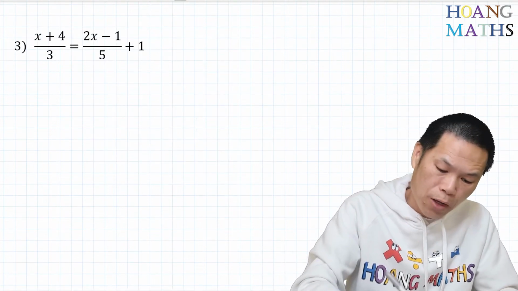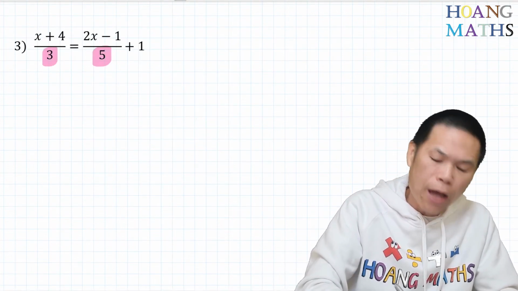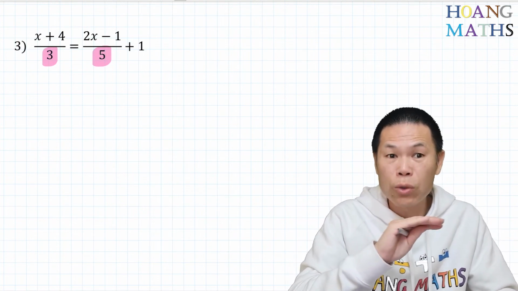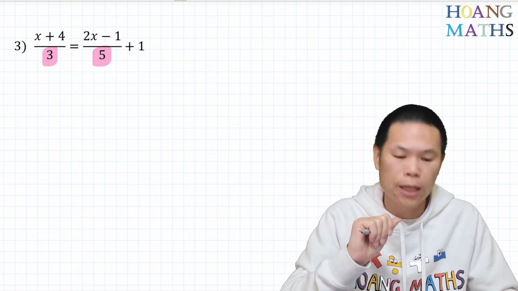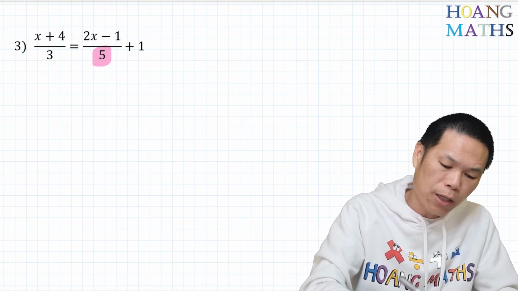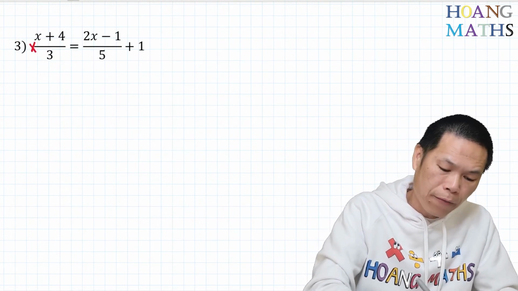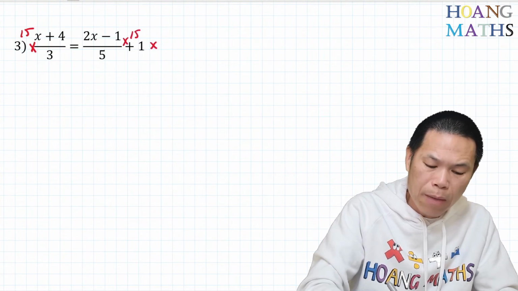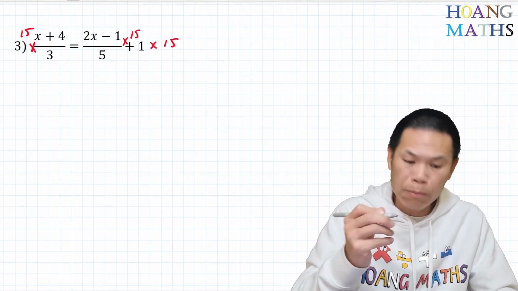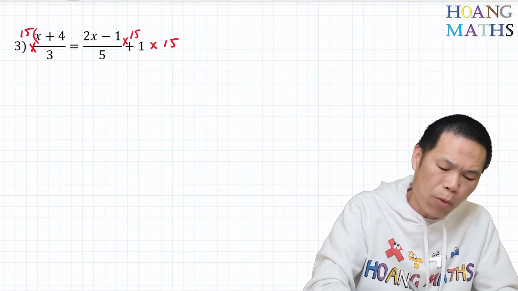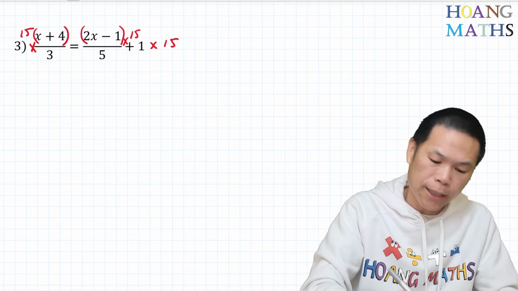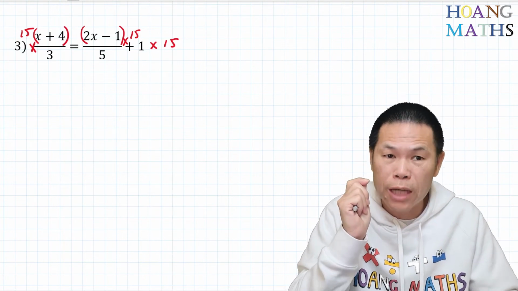So we have 3 and 5 down the bottom. So just go 3 times 5 is 15. So we times every term by 15, okay? So let me just clear this first. So I times this by 15. I times this term by 15. I times this term by 15. And because of the top here, we have more than one term, we can just bracket it. And this one, we just bracket it, okay? Because it's more than one term times 15.